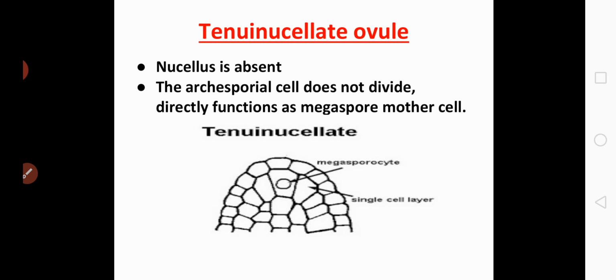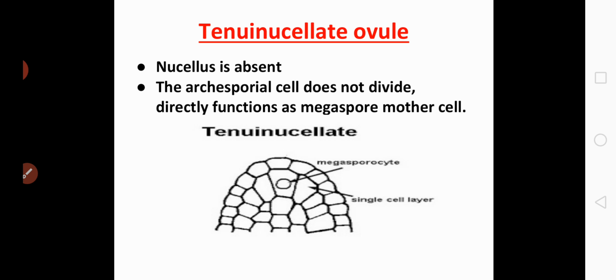Coming to the second type of ovule, that is tenuinucellate. So here the nucellus is absent. That means at the time of development, any cell of the nucellus enlarges and forms the archesporium, correct? Okay.